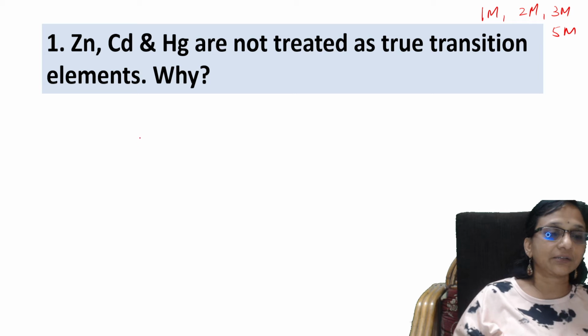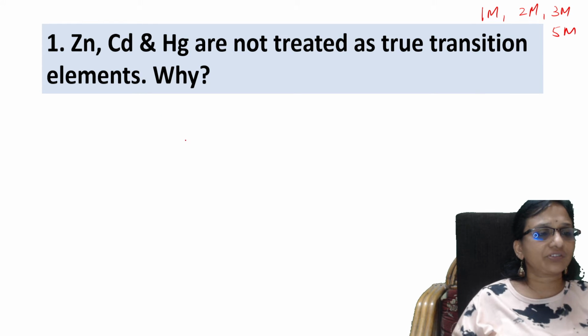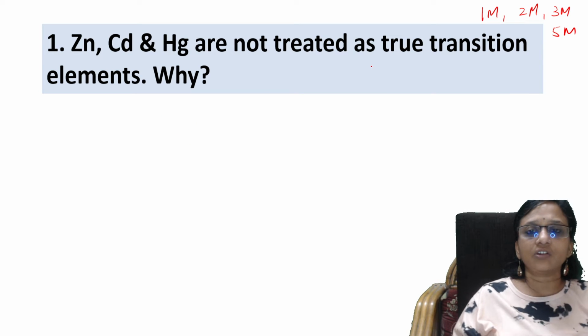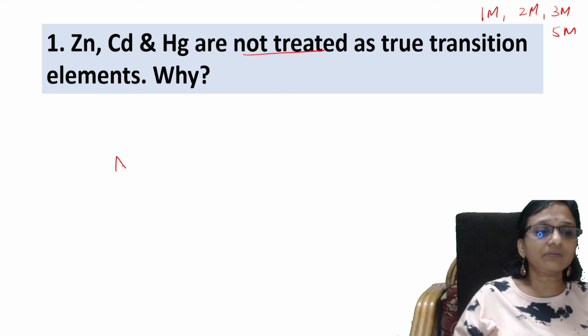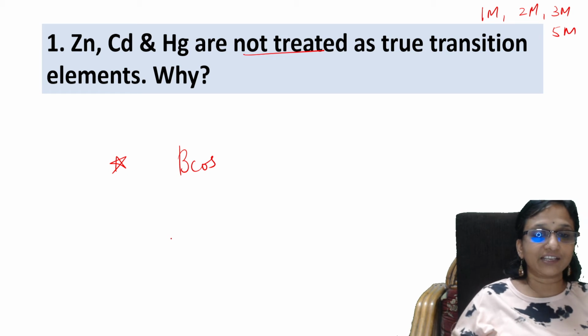Okay, so let's start. Zinc, cadmium, mercury are not treated as true transition elements. Why? Only one sentence you have to write, students. If they are not treated as such, one keyword which you should write is 'because'. Don't write in the exam like I say it casually.